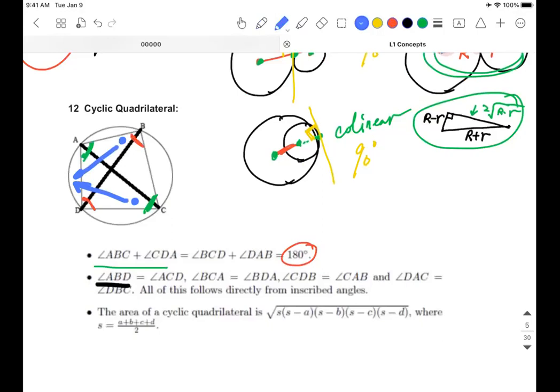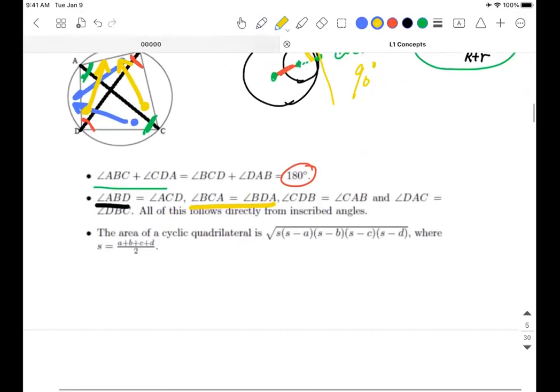As long as two angles face the same chord, they have the same measurement. Same thing for the second one. I'll give another example: angle BCA is the same as angle BDA, because they're both facing the same chord. So this is a very important property for most cyclic quadrilaterals.